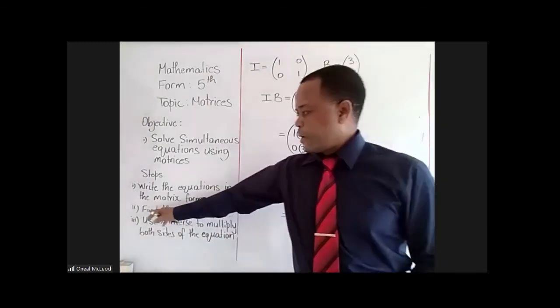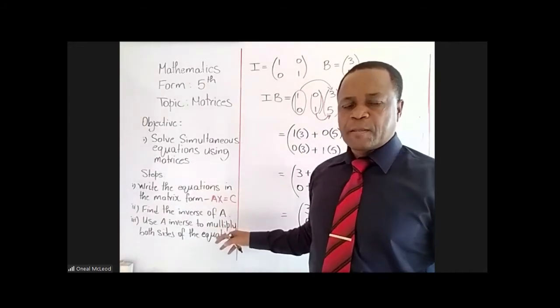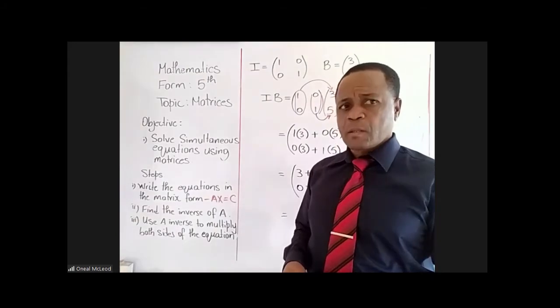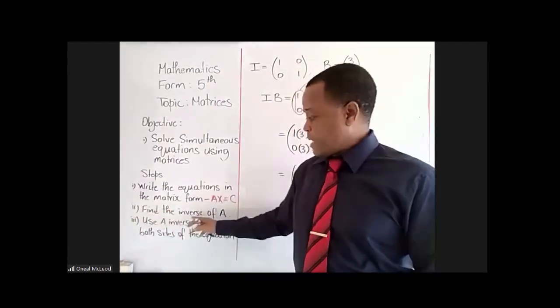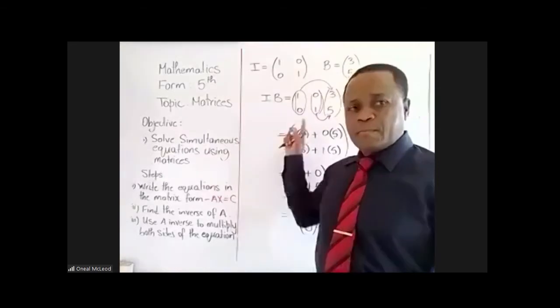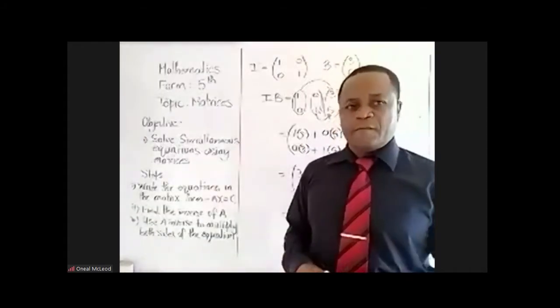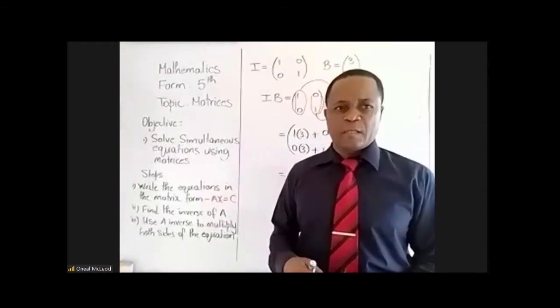Good? Now, our next step says, find the inverse of A. Find the inverse of the 2 by 2 matrix. Notice here that to solve it, you need to find the inverse. And now you would realize why I recapped how we go about finding the inverse. Good. Step 3 says, use the inverse to multiply both sides of the equation.